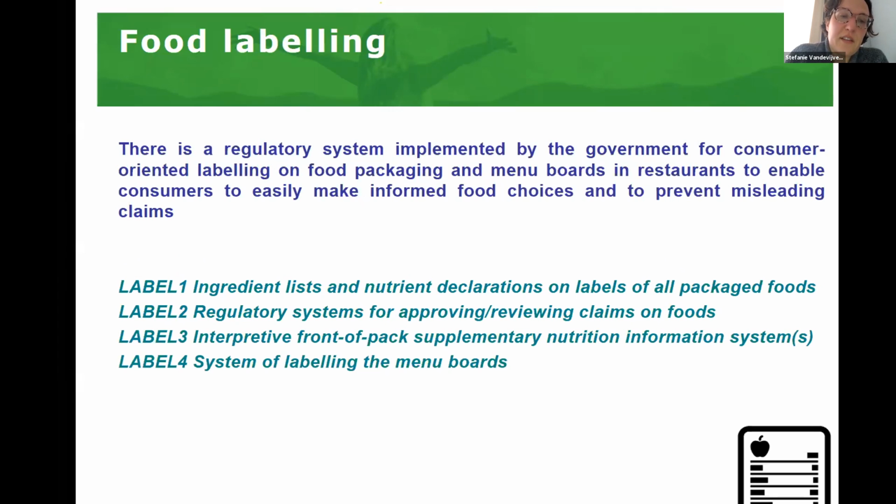The first indicator is a very obvious one, and in many countries low-hanging fruit because it's already there, but it's still important. For back-of-pack labeling, it means we have nutrient declarations on all packaged foods. This is not yet the case in countries in Africa, for example, but in Europe this is pretty standard.